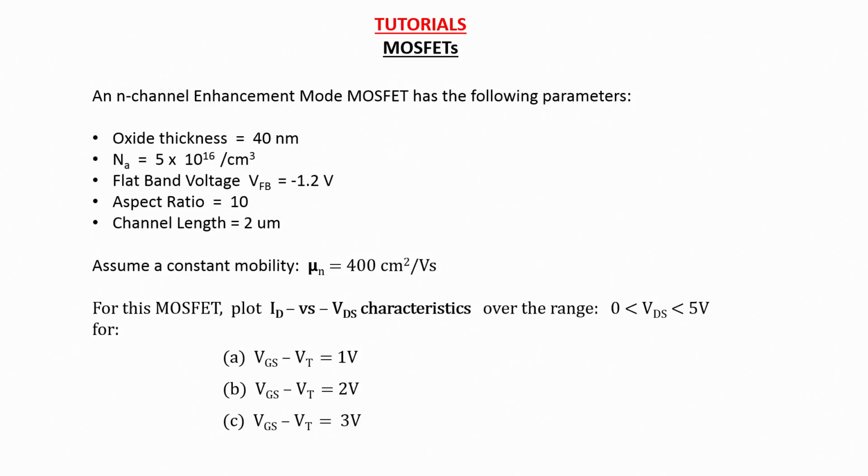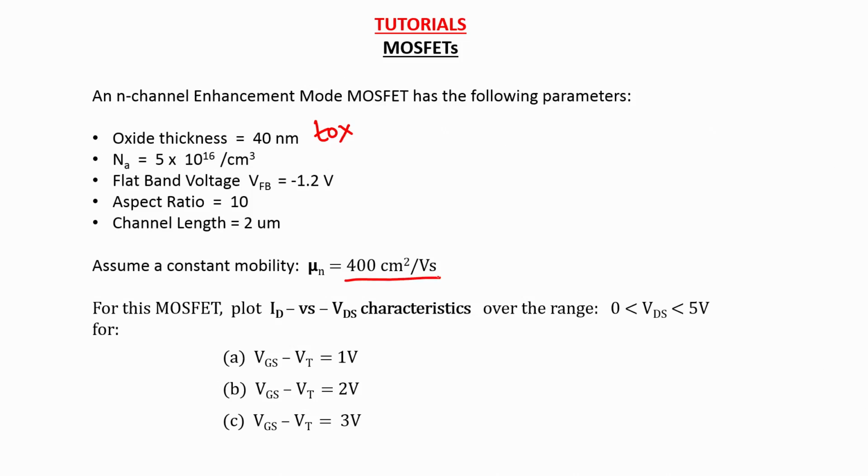So this is a problem from the MOSFET topic. The problem reads like this: an N-channel enhancement mode MOSFET has the following device parameters, which is basically oxide thickness Tox and doping concentration, the flat band voltage is minus 1.2 volts, the aspect ratio is 10, and the channel length is given, and you are asked to assume a constant mobility of 400 centimeter square per volt second.